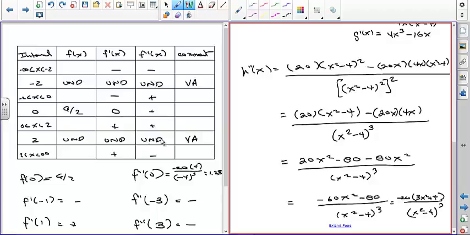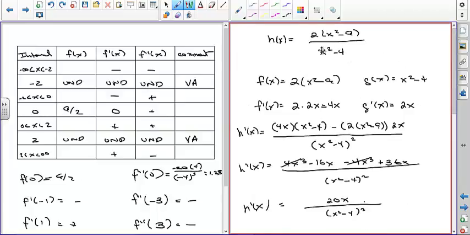But there were cases where the first derivative and the second derivative were undefined, and those all occur where the denominator goes to 0 but the numerator doesn't. So we factored the denominator, x plus 2, x minus 2. It said that at those values we have vertical asymptotes, and also all these things are undefined.